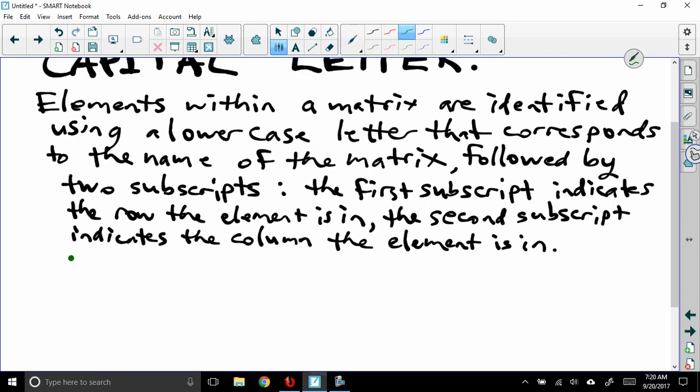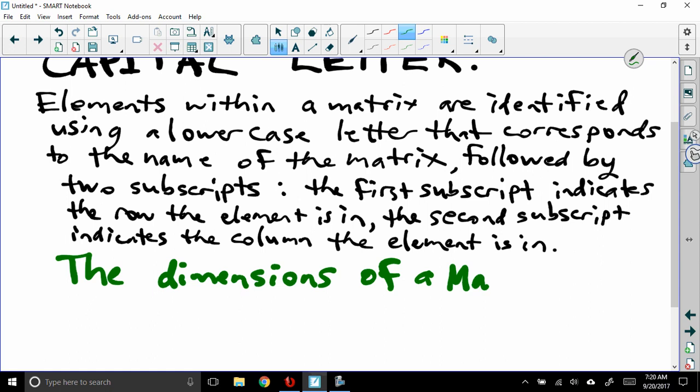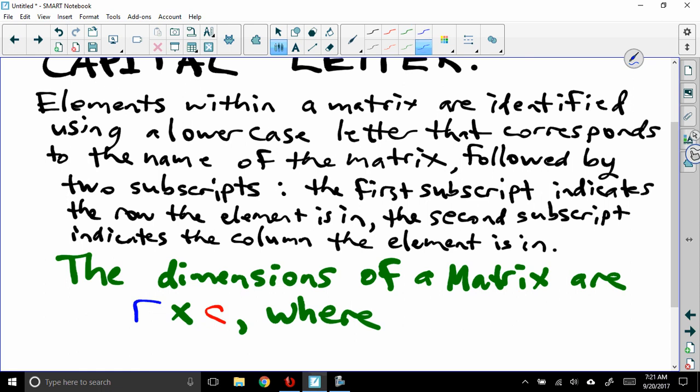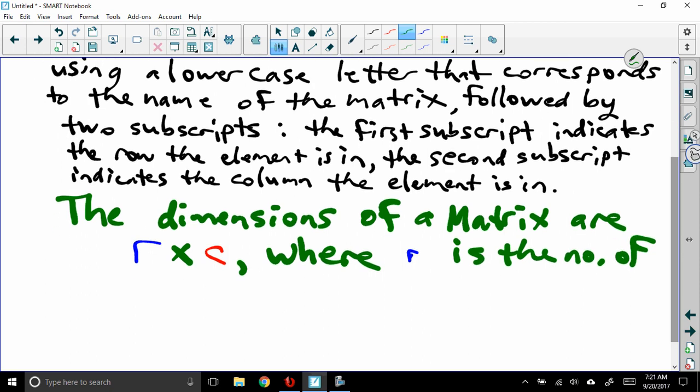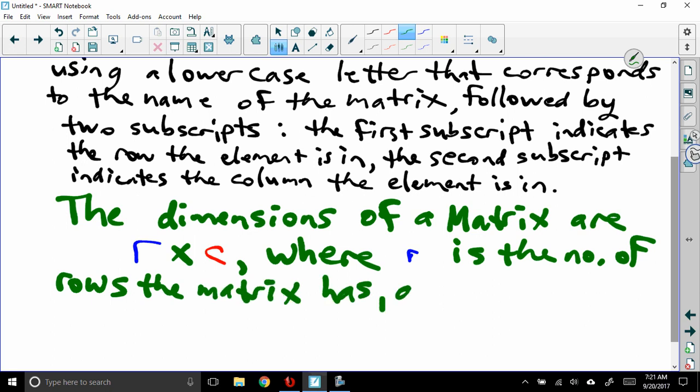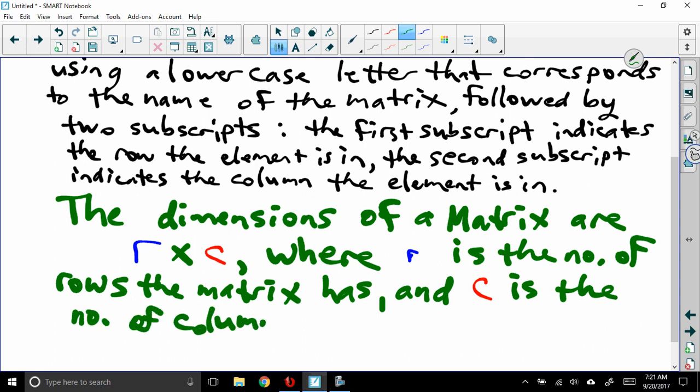The dimensions of a matrix are R by C, where R is the number of rows the matrix has, and you guessed it, C is the number of columns the matrix has.